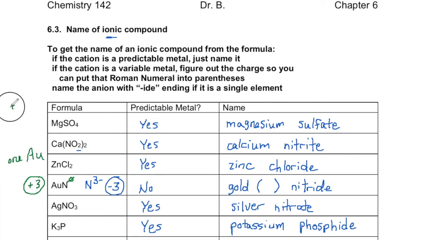So we take the +3 charge, we divide it by our 1 gold, and then we know that there's a +3 charge per gold. So this must be gold with a +3. And then you can double check putting gold with a +3 with nitrogen with a -3. Does that work? Yes, it does. So this must be a +3 charge gold. So we call this gold(III) nitride.